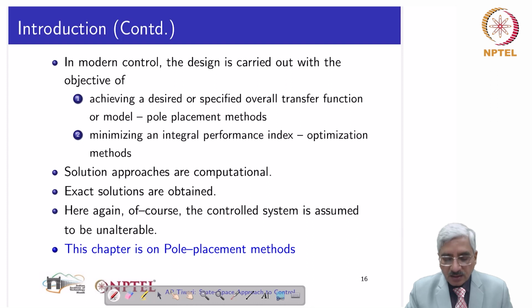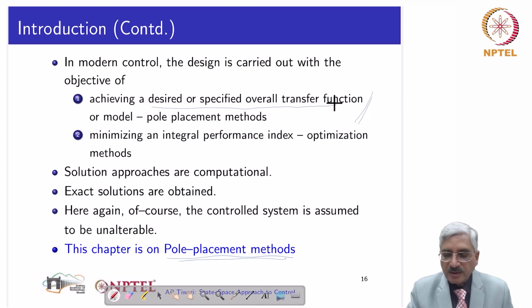So in this chapter, we will learn the pole placement methods, and as brought out here, in pole placement methods the objective of design is to achieve a desired overall transfer function.